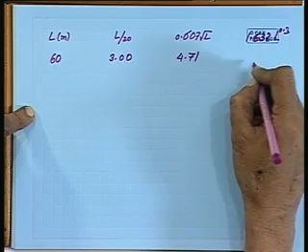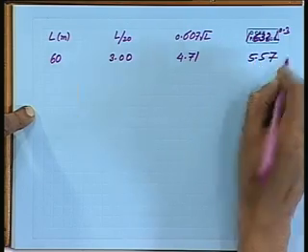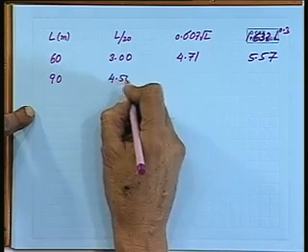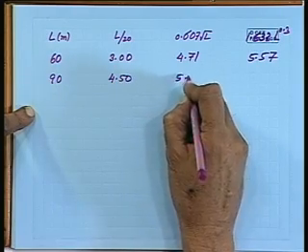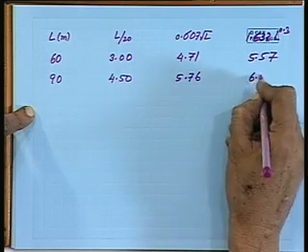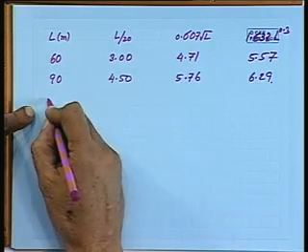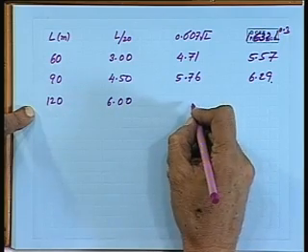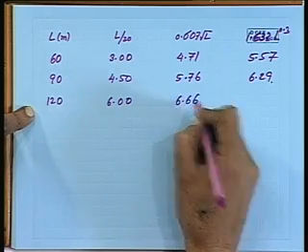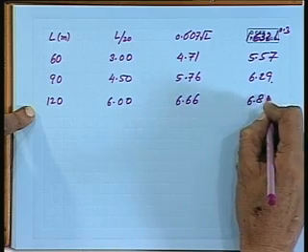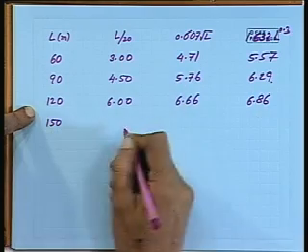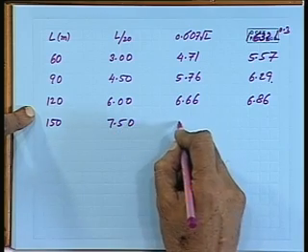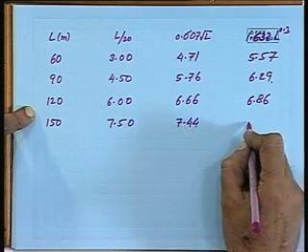I should have brought a Xerox copy of this to put it on, but anyway, 60, 90, 5.76, 6.29, then say 120, 6.66, 157.50. Of course, one can calculate also.